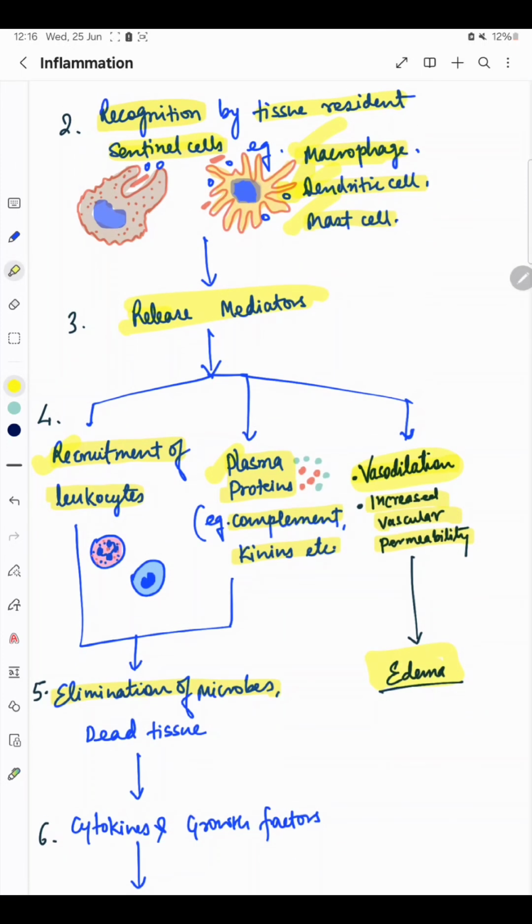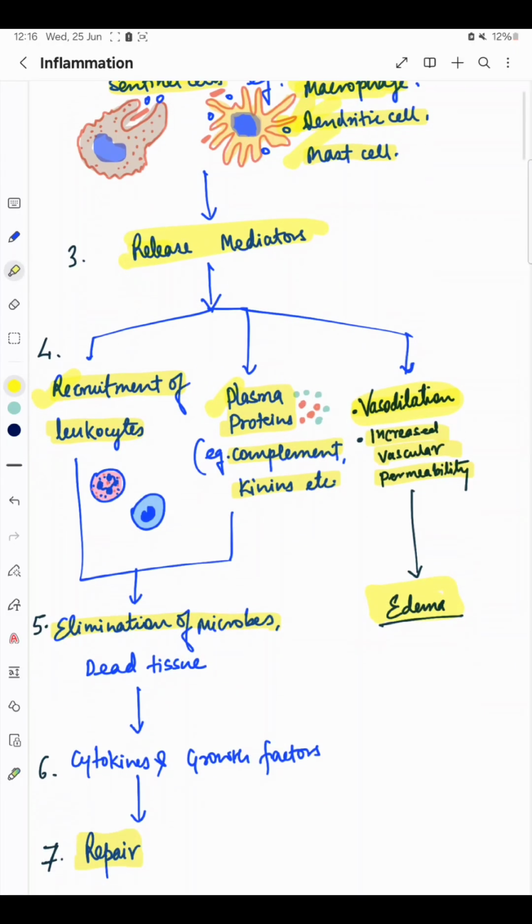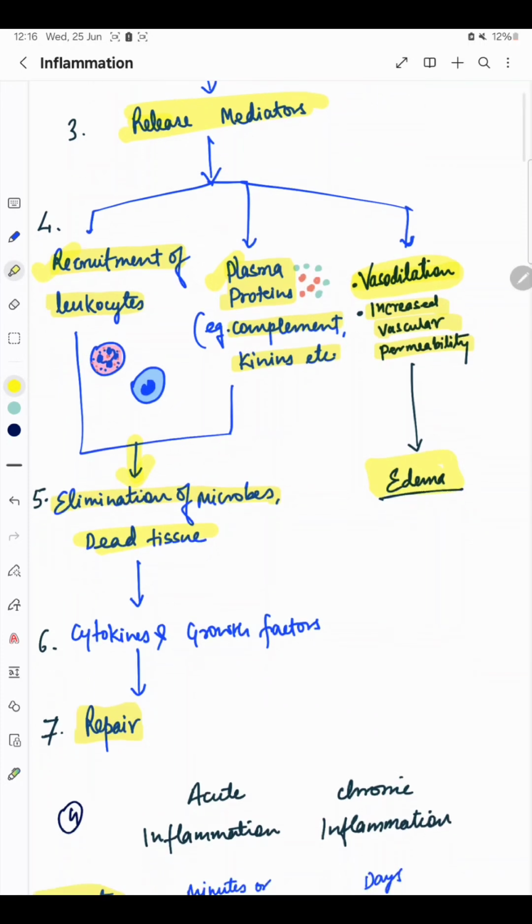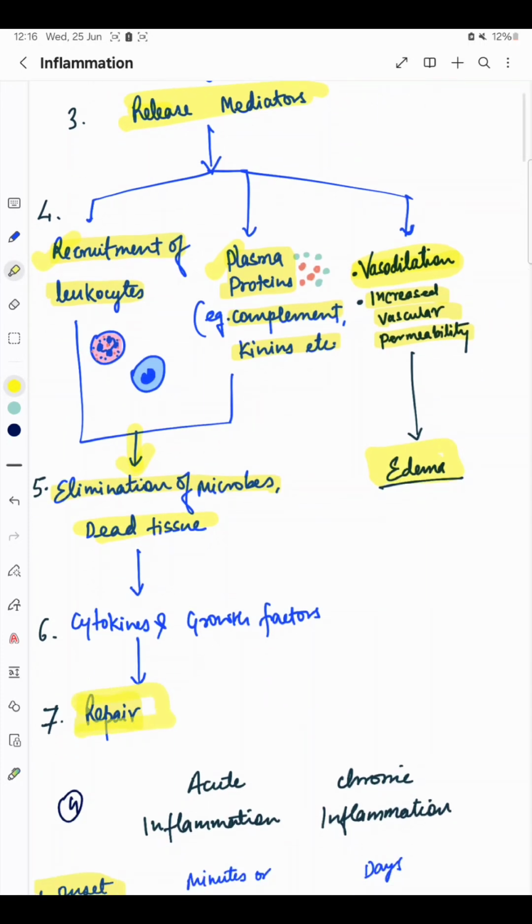The recruitment of leukocytes and plasma proteins like complement and kinins will result in the elimination of the microbes or dead tissue. After the removal of these microbes and dead tissue, the cytokines of the later phases and growth factors will result in the repair.